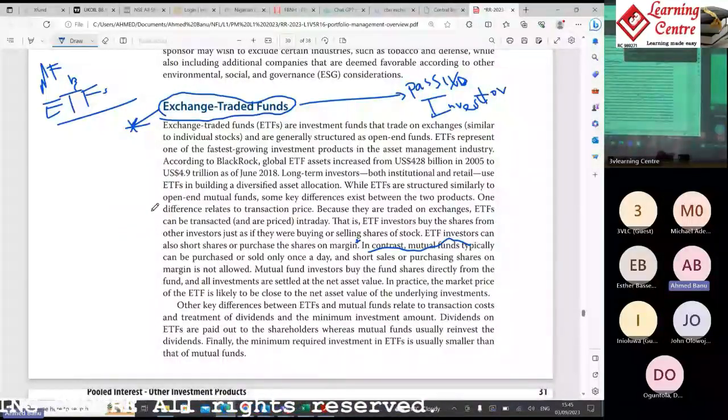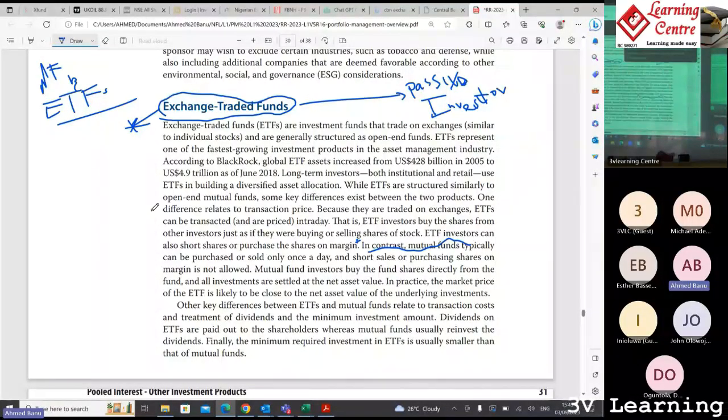Another thing again is, for mutual funds, there's a possibility that you would have a minimum investment amount. For ETFs, you can buy as low as 1 unit.